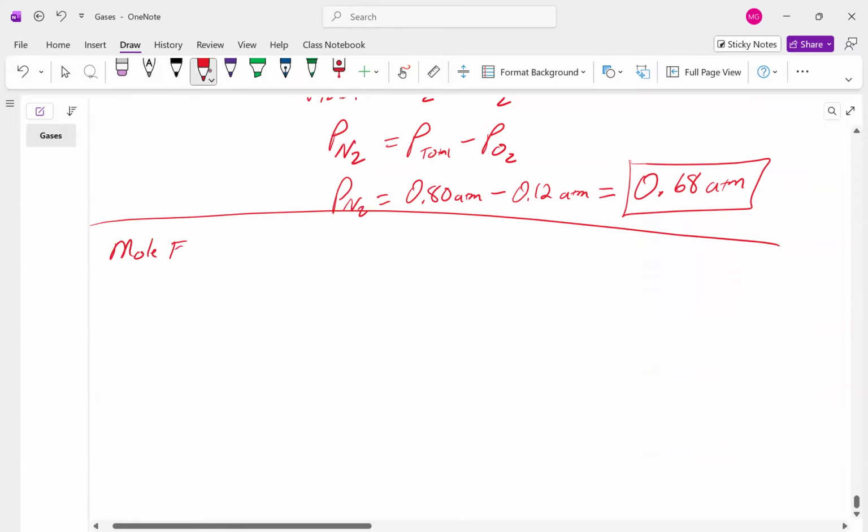Now, mole fraction, we use the letter X here. The way we calculate it is the moles of that gas divided by the total moles.